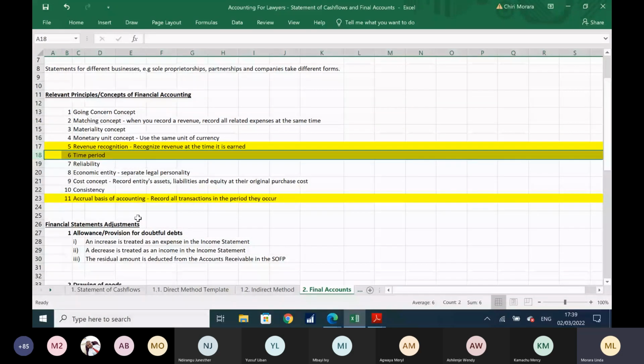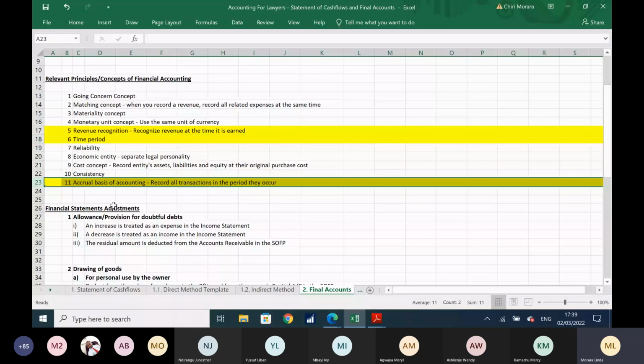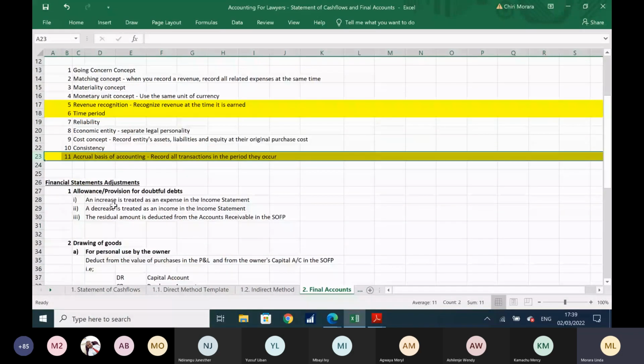And finally, accrual basis. This is for your expenses. You accrue your expenses. You have been charged rent for your premises, but then you have not paid it. You have received the invoice, but then you've not paid it.